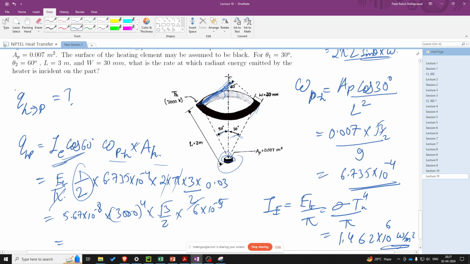So you are saying this should be 30, correct? Cos of 30. Correct, this is what is given. Because we are considering this as normal, it will be 0 degree. This should be 0. I think the rest of all the angles I had taken correctly.